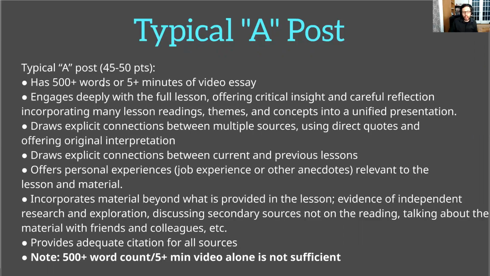And in either case, it needs to deeply engage with the full lesson, offering critical insights and careful reflection, incorporating many of the lesson themes, some of the readings, and showing an appreciation and deep understanding of the concepts, and then presenting it in a unified way. Right? So the essay is well written and encapsulates the full scope of the lesson. 500 words or 5 minutes of video.